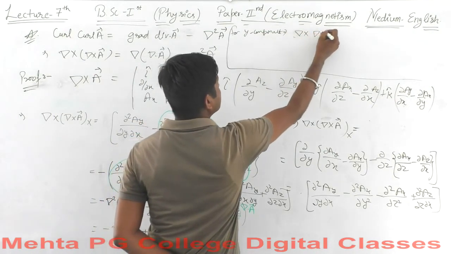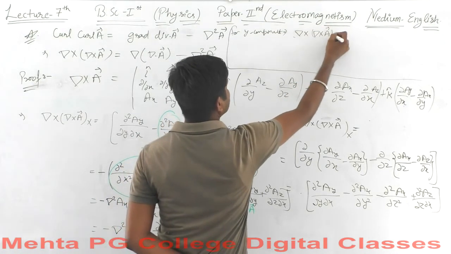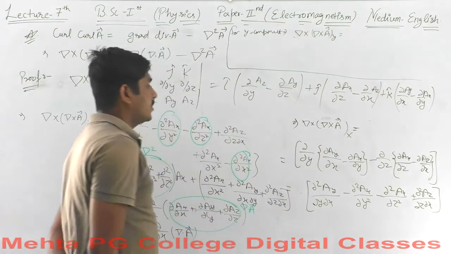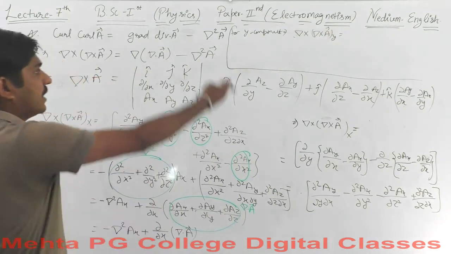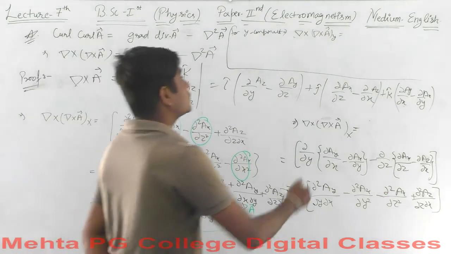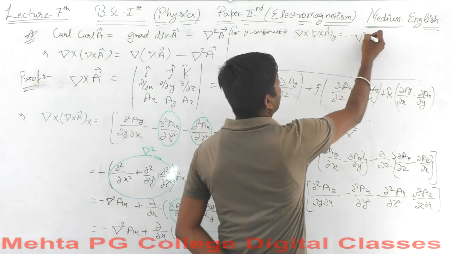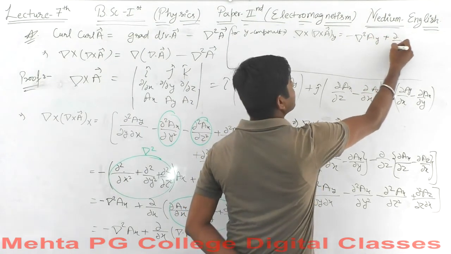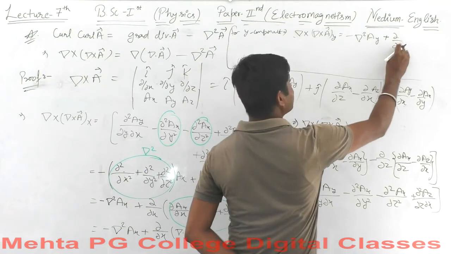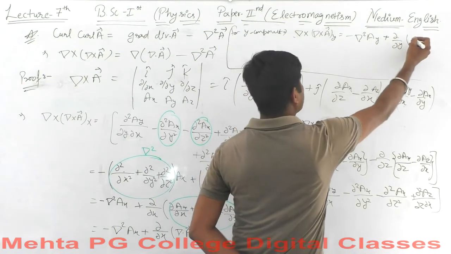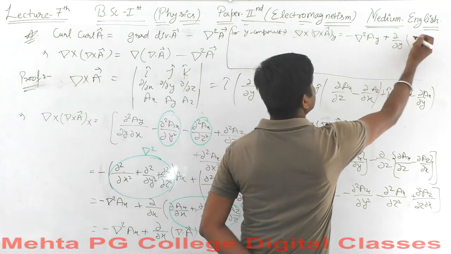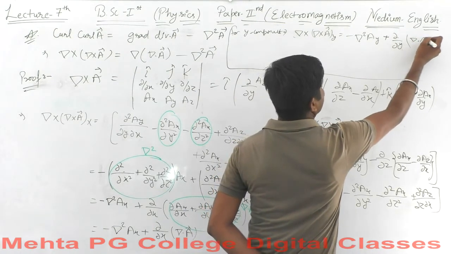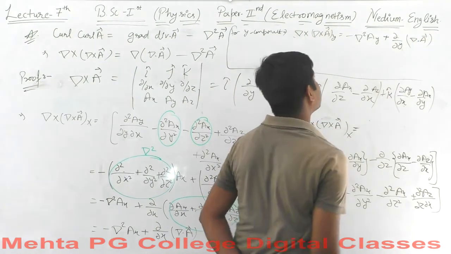Del cross A y will be equal to minus del square A y plus curly over curly y del dot A vector.